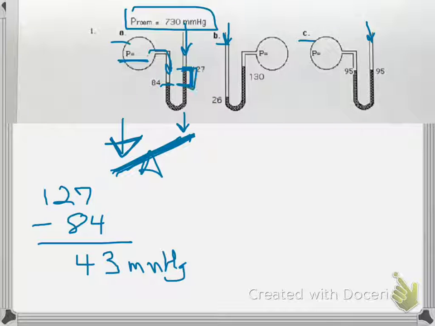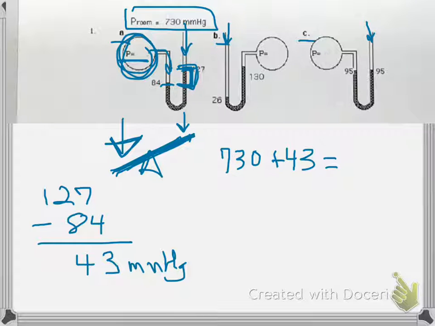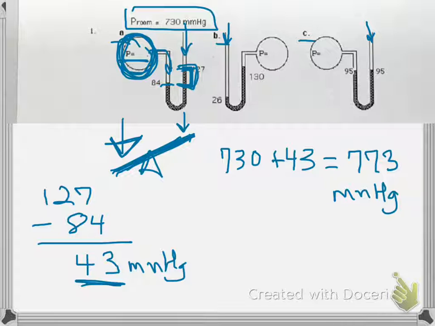And so the 730 plus the 43 has to equal this pressure right here. Because again, this side has a greater pressure, and how much greater is that pressure? Well, that pressure is 43 millimeters of mercury greater. So when we add these together, we get 773 millimeters of mercury.